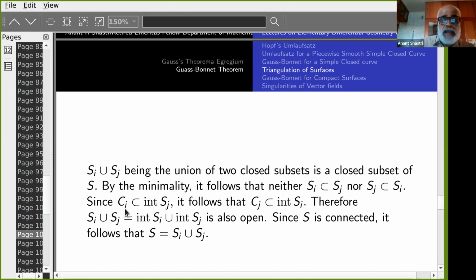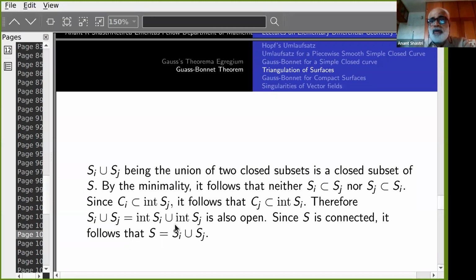Therefore, Ci is in the interior of Sj. It follows that Cj must be in the interior of Si. They don't intersect, Ci and Cj. Therefore, Si union Sj is the union of the interior of Si and the interior of Sj. Because the boundary part of this one is here, the boundary part of Si is here.